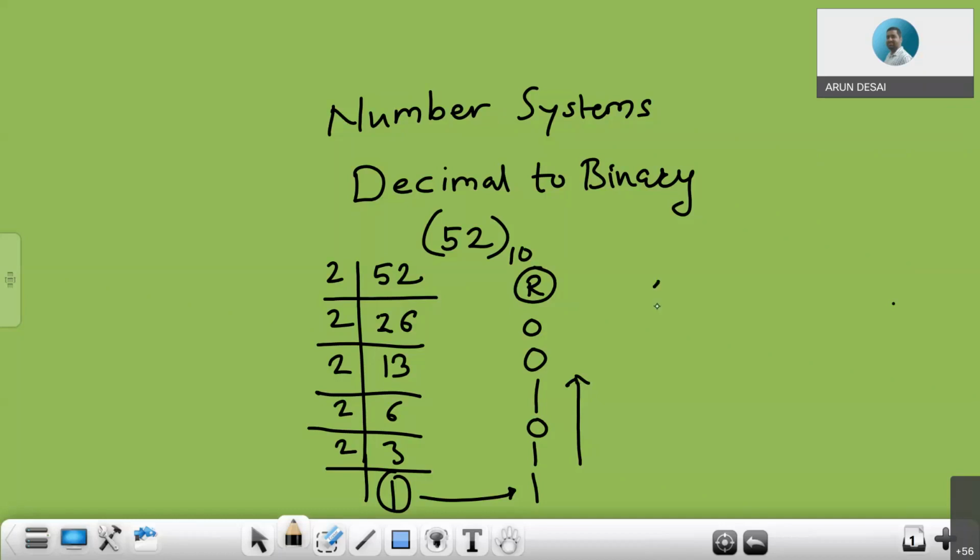So 110100 is the binary number converted from decimal 52. This is how you convert a decimal number into binary.